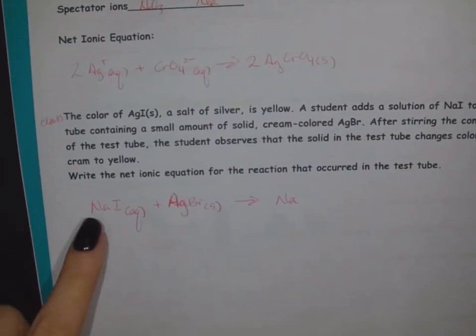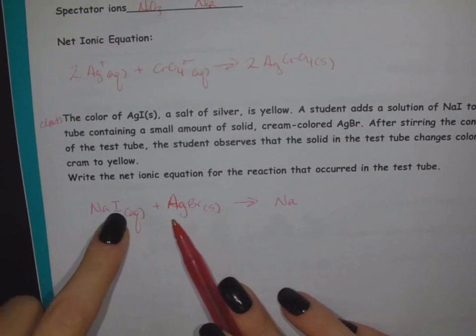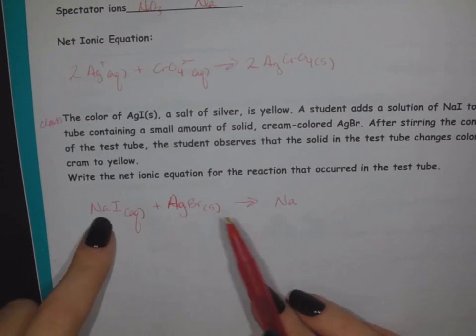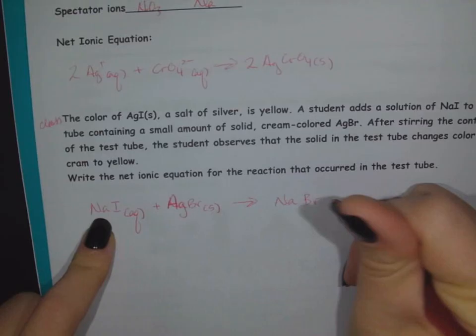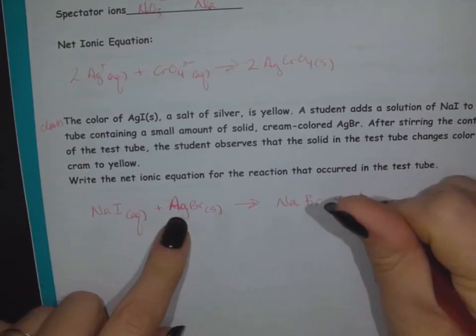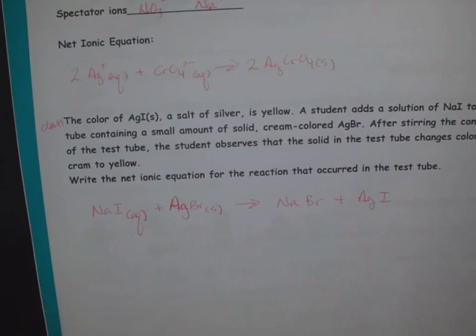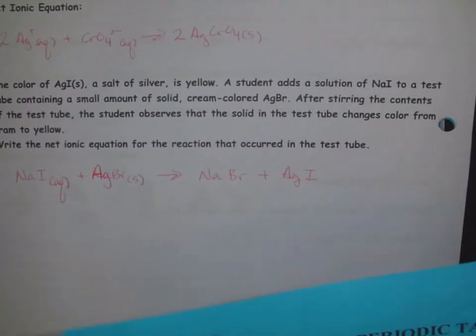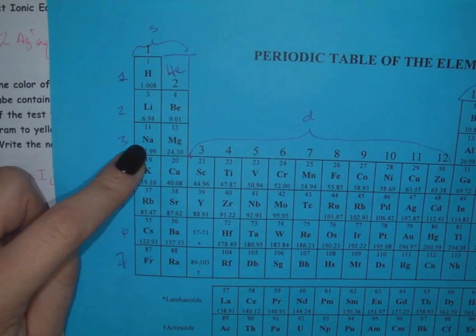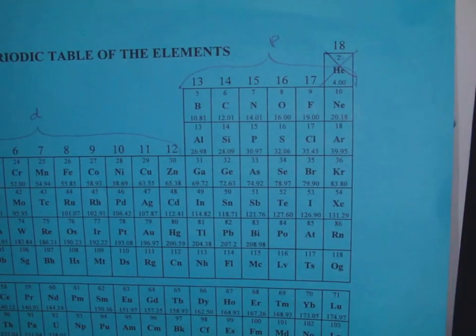So this positive sodium is not going to be with the negative iodine. The positive sodium is now going to go with the negative bromine. And then this positive silver is going to go with the negative iodine. I need to know the charges of these things. So sodium's a +1 because it's in group 1.